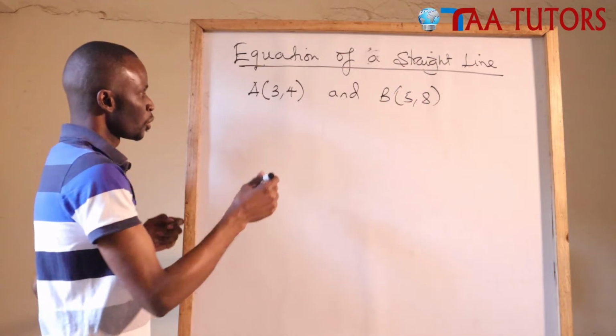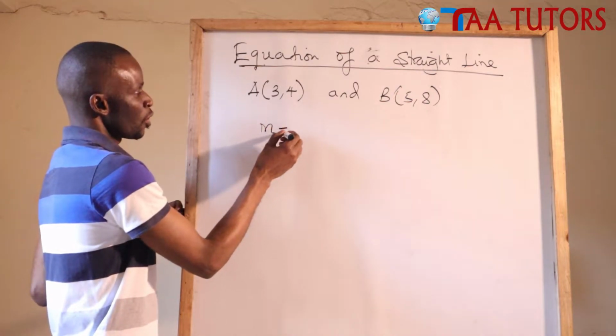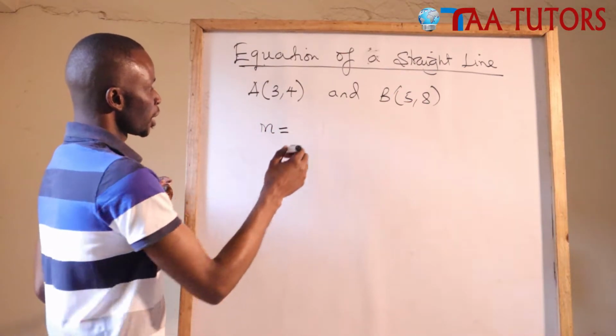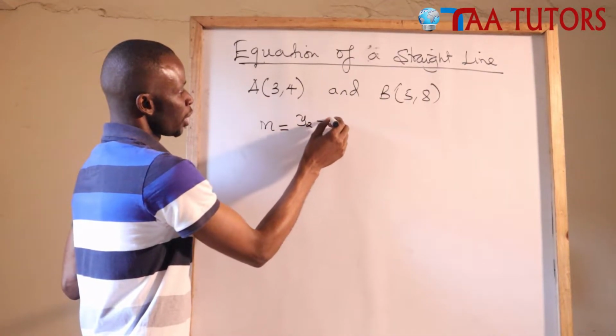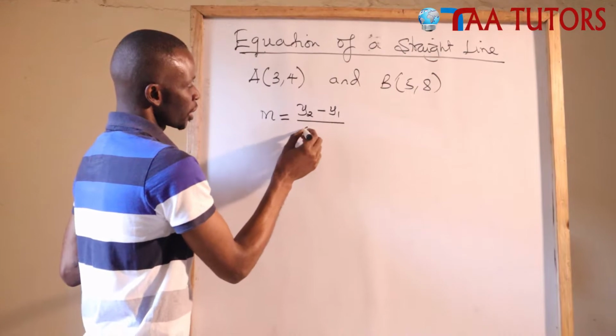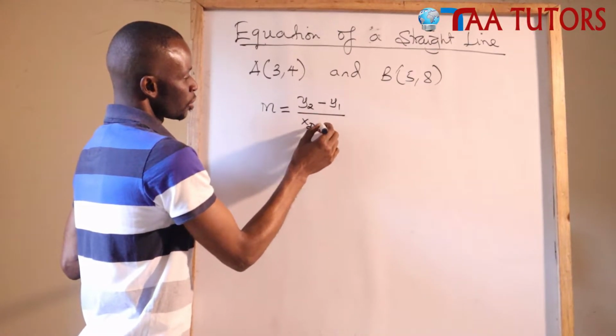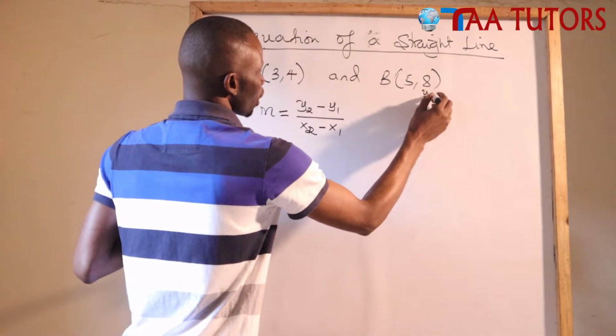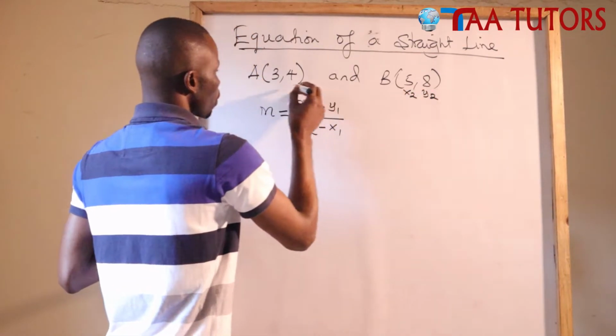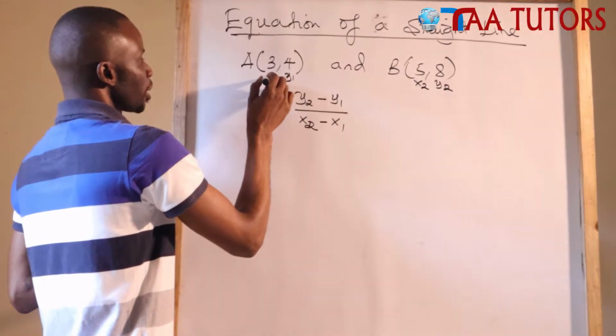The first thing we have to do is to calculate the value of its gradient. The gradient, we say, is change in y over change in x, that is y2 minus y1 over x2 minus x1. So here, this is y2, this is x2, y1, x1.